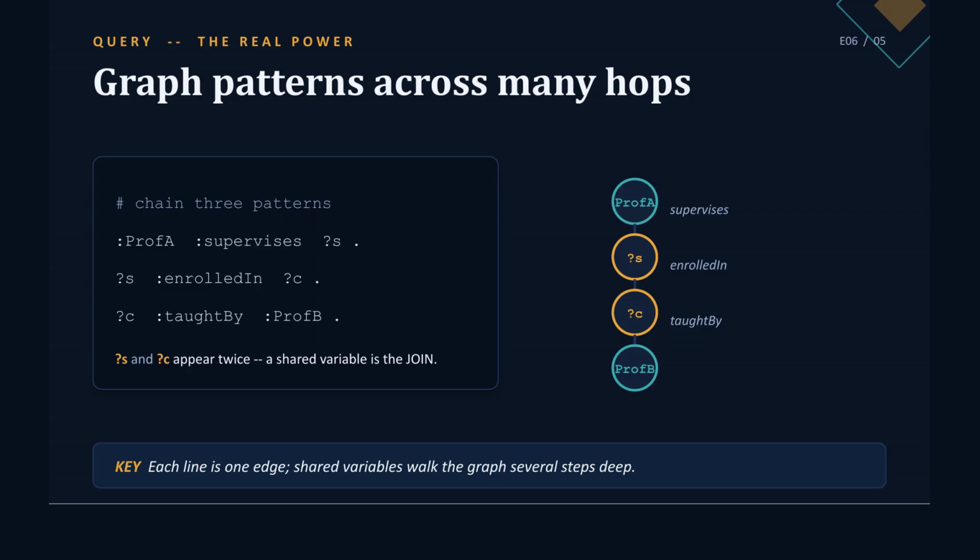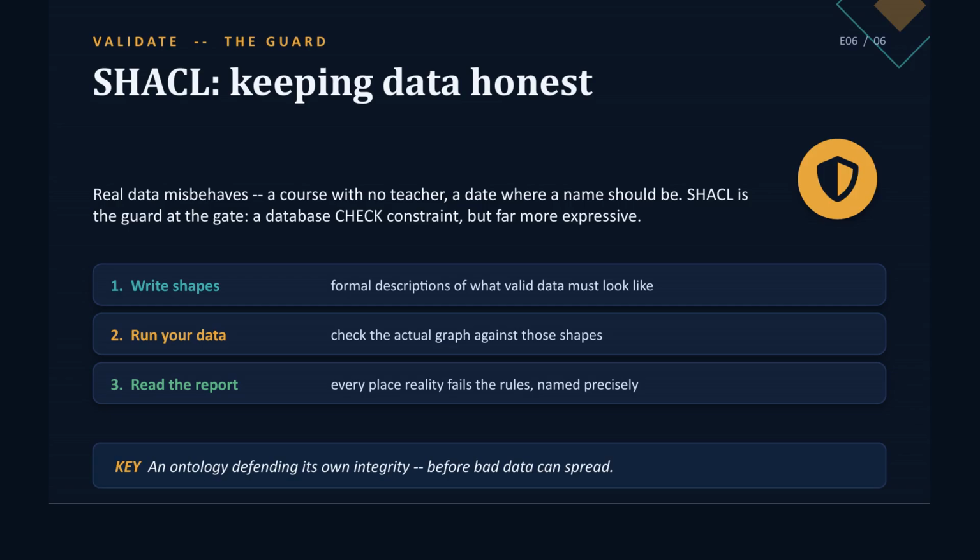You just chain the patterns together, S is supervised by A, S enrolls in C, C is taught by B, and a shared variable, appearing in 2 lines at once, becomes the join that links them. The engine walks these connected edges through the graph, following relationships several steps deep. This is exactly the kind of multi-hop question that is painful in a table of rows, and entirely natural in a graph. So we can ask questions.